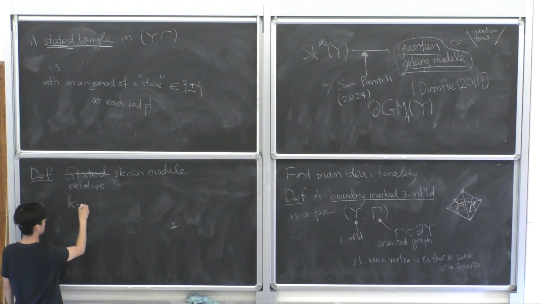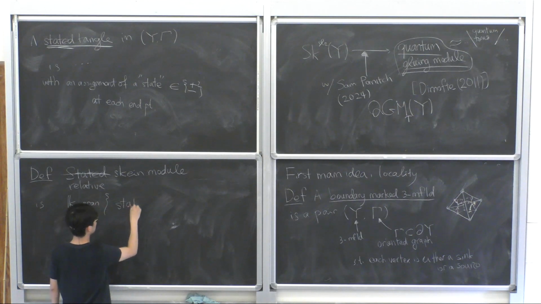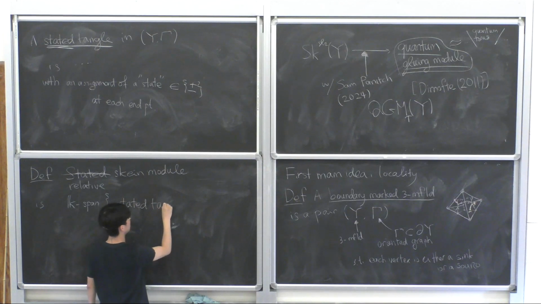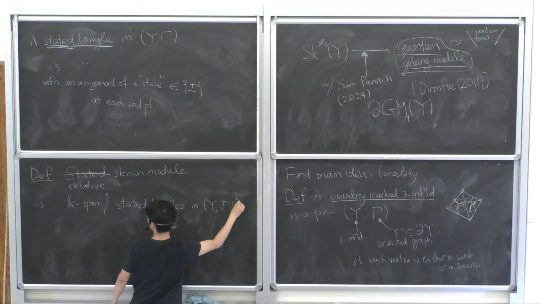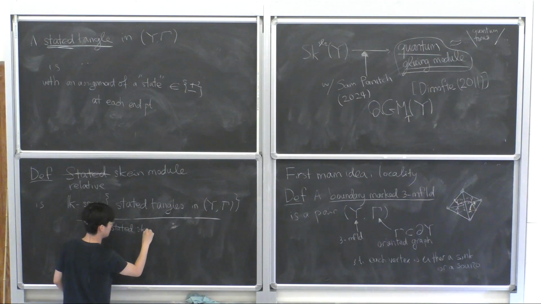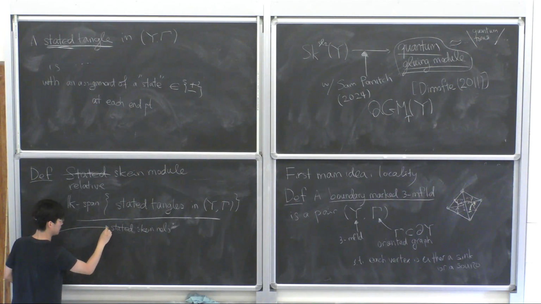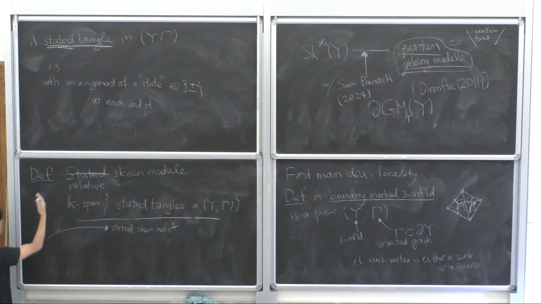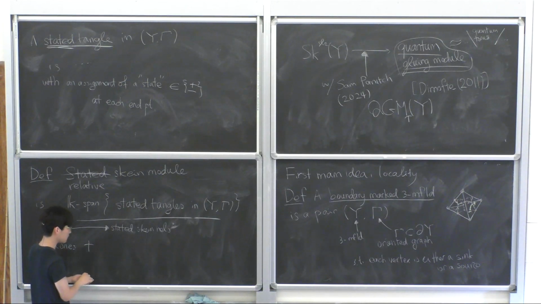It's the span of all the isotopy classes of stated tangles in the boundary-marked three-manifold, modulo stated Skein relations, where the stated Skein relations include the usual Skein relations that I wrote earlier, plus two extra boundary relations.